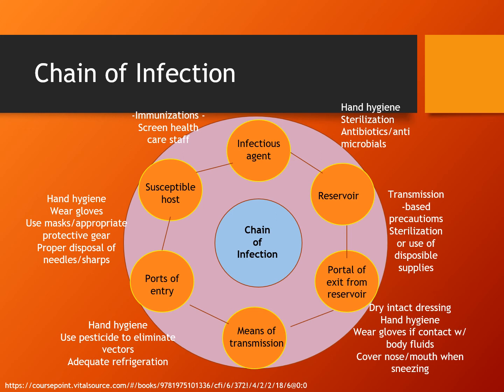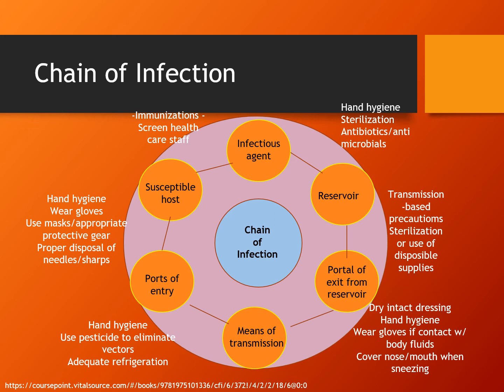So it's real important for you to understand why you have such an impact on your patients, is that all of these examples of how to break the chain all can apply to nurses. Hand hygiene is in all of them, right? Making sure dressings are dry and intact and they're not sopping with stuff.